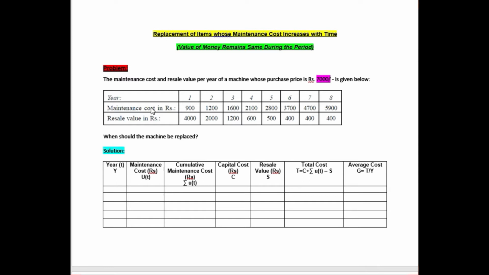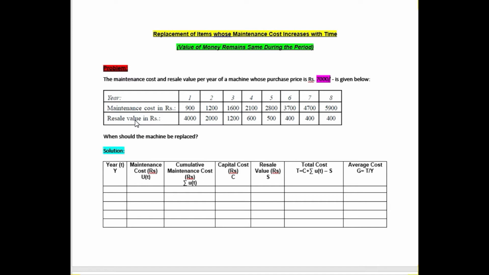See the pattern: the maintenance cost is increasing with respect to time. And see the pattern of resale value: the resale value is getting decreased as time goes. The resale value is also called scrap value.